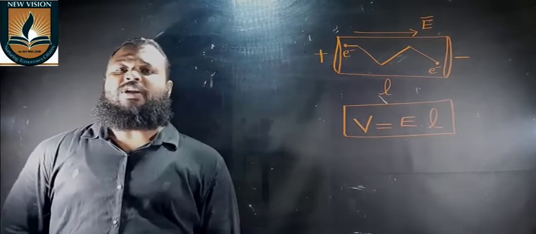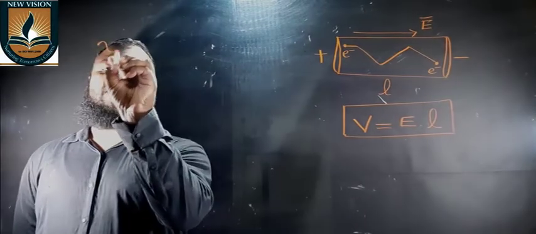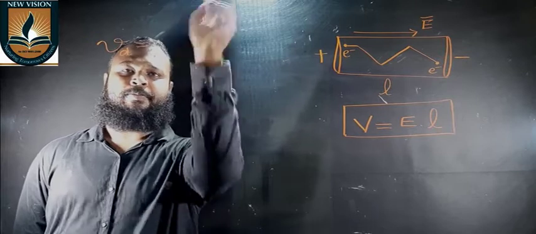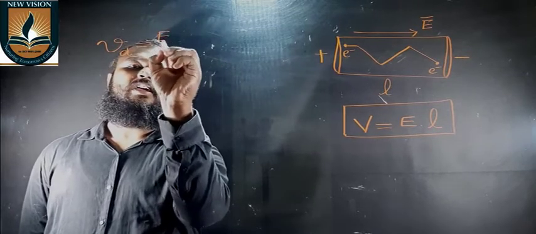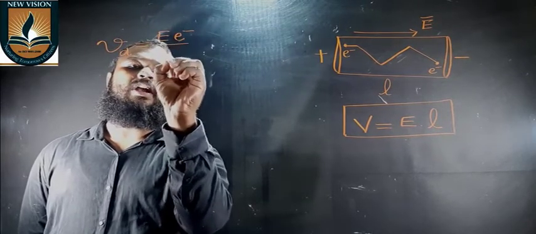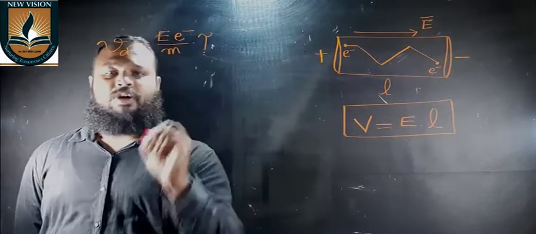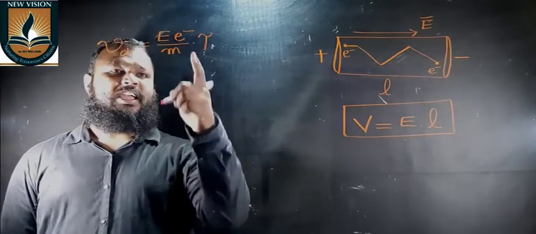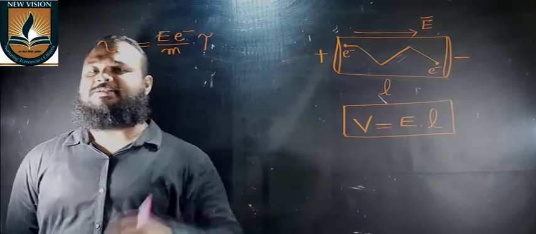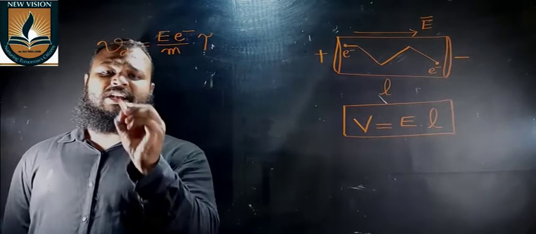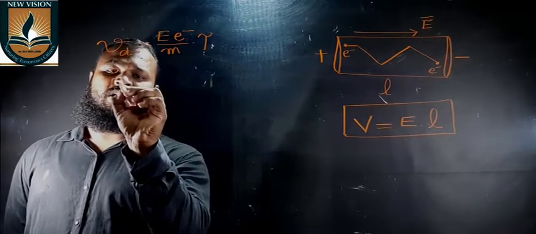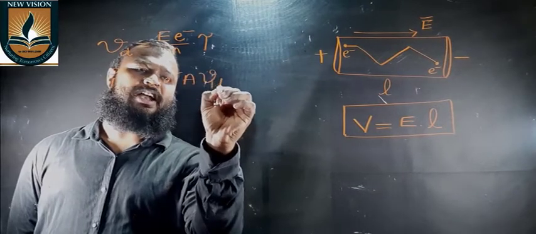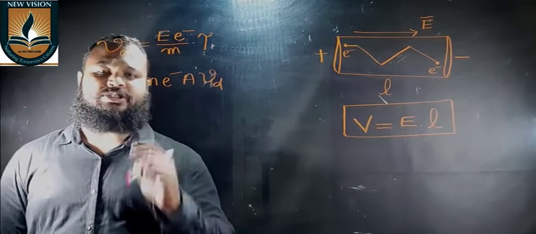We have got two relations. One is the drift velocity Vd = eE upon m into tau, where tau is the relaxation time, E is the electric field, e is the charge of the electron and m is the mass of the electron. The other relation is I = neAVd.